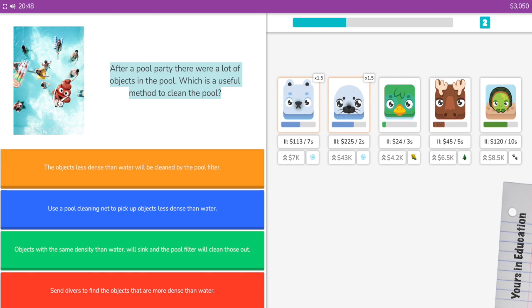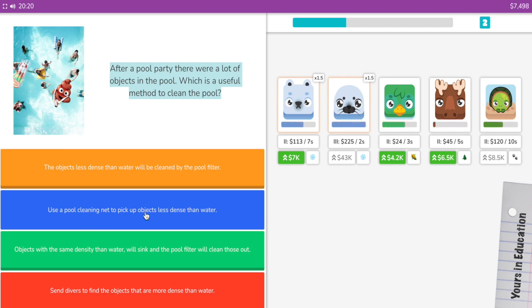Okay. The objects less dense than water will be cleaned by the pool filter. No, the filter is at the bottom and less dense objects will float. So no. Use a pool cleaning net to pick up objects less dense than water. Yes, I'm thinking everything that is made out of styrofoam, plastic, wood, if you have any of that, will be floating, so you can pick that up with a net.